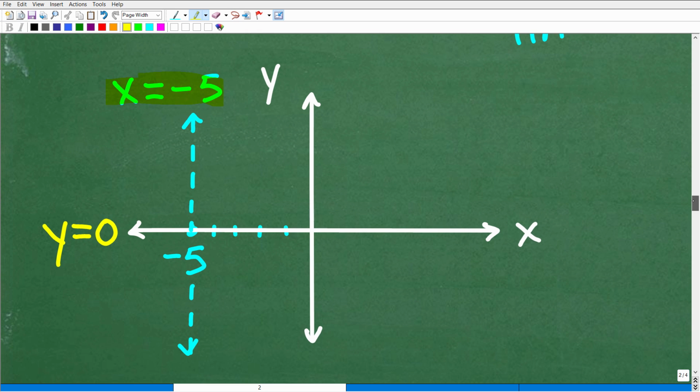So let's plot out a basic x, y chart here. The x-axis is also acting as a horizontal asymptote, y equal to 0, and then x is equal to -5 is a vertical line that goes through -5 on the x-axis.